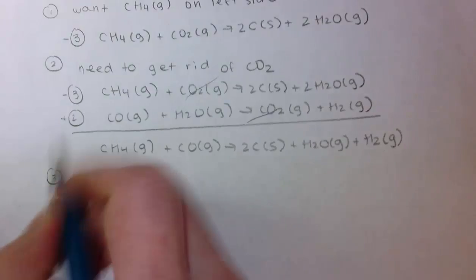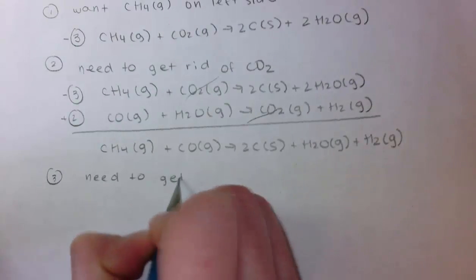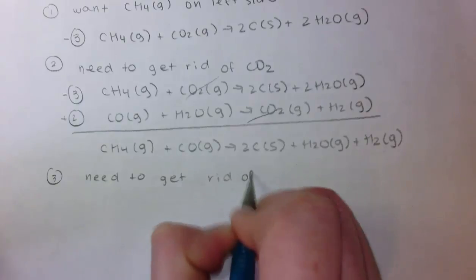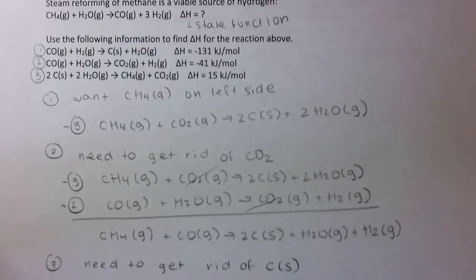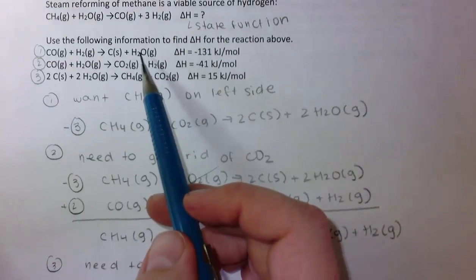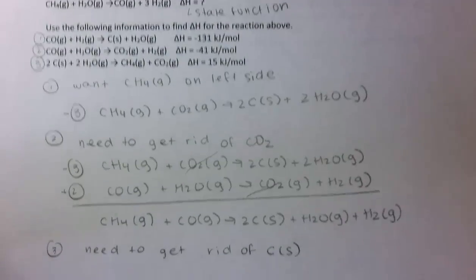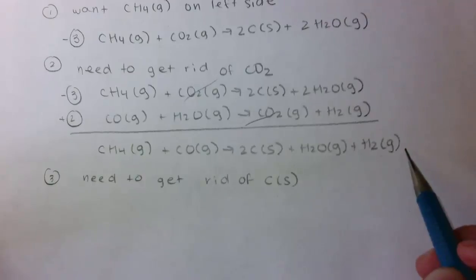The third thing I noticed is that we need to get rid of carbon, because this is not in our final equation that we need. To do that, I can see that equation 1 also has carbon in it, so we need to use that to cancel the carbon in the equation we derived here.